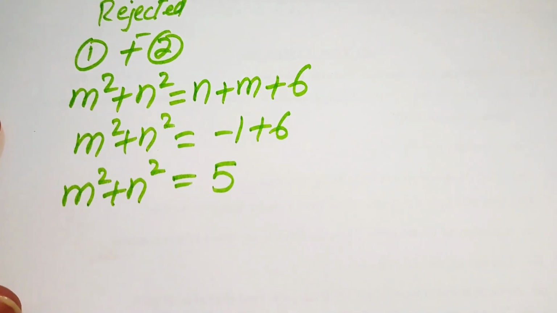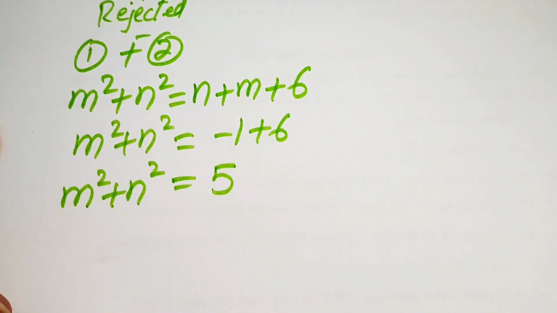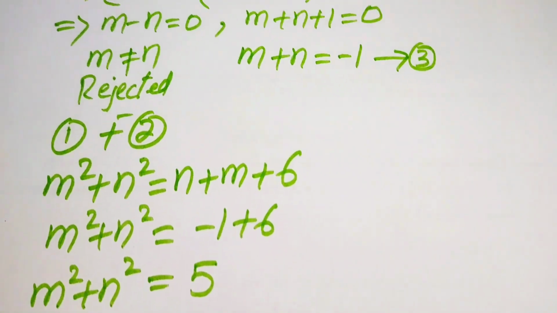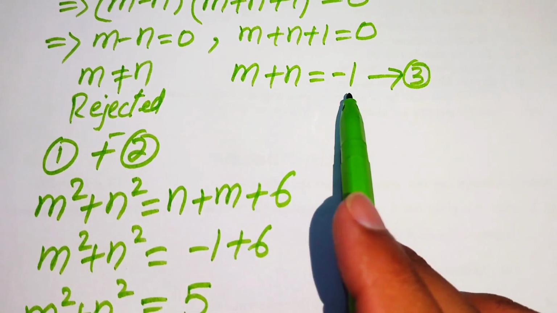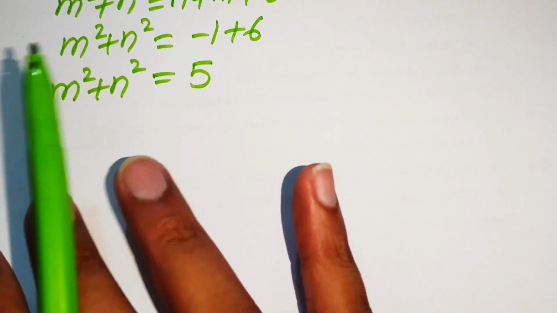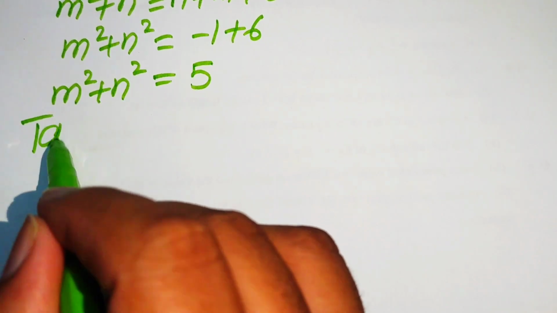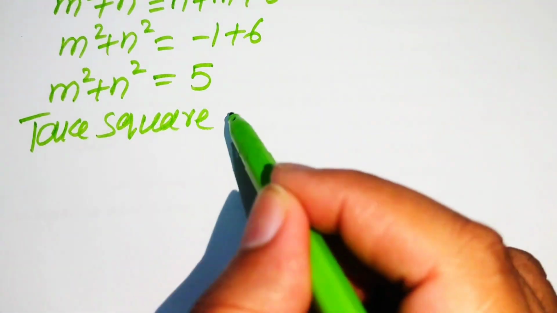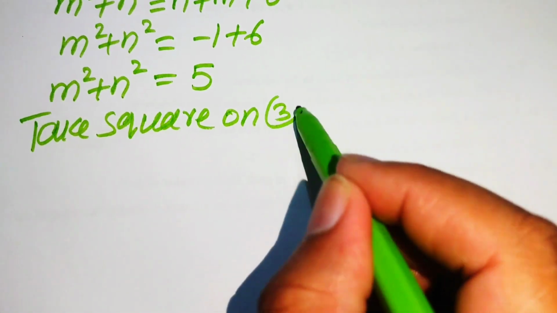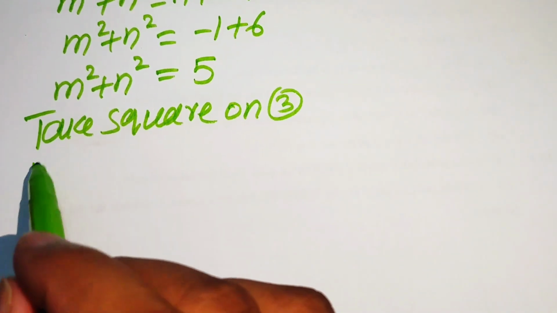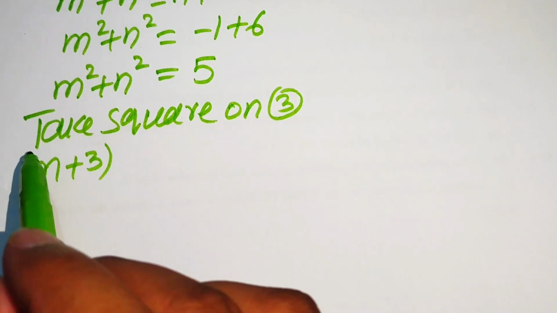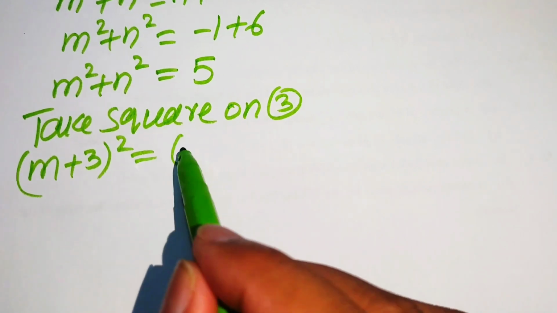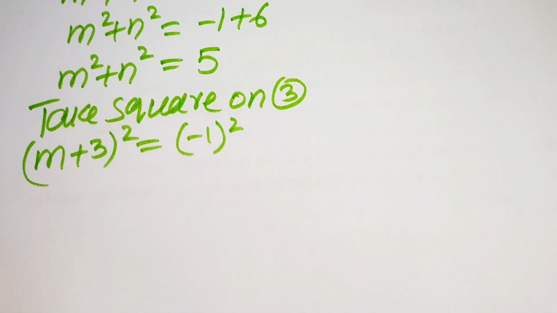Now we take the square of equation number 3 on both sides. Taking square on equation 3, it is written as m plus n square equals minus 1 square.